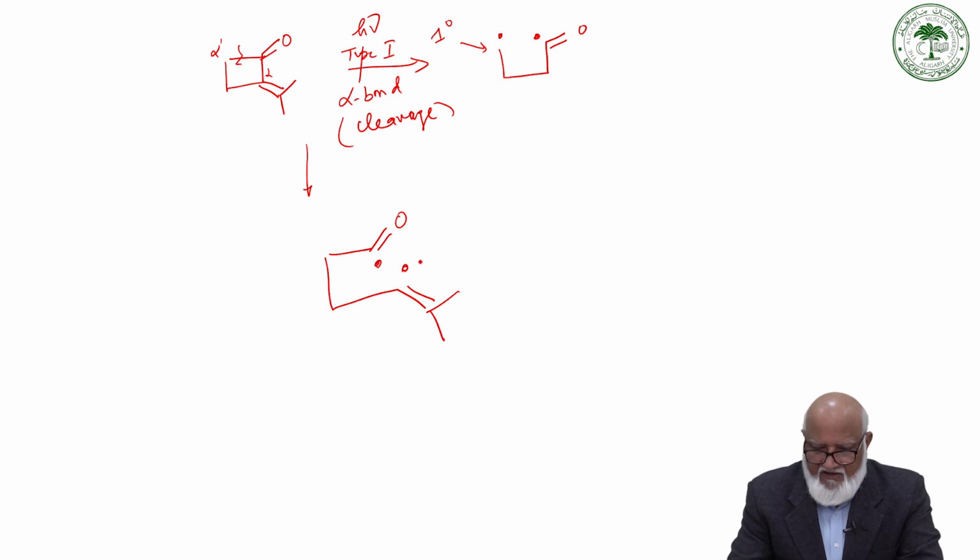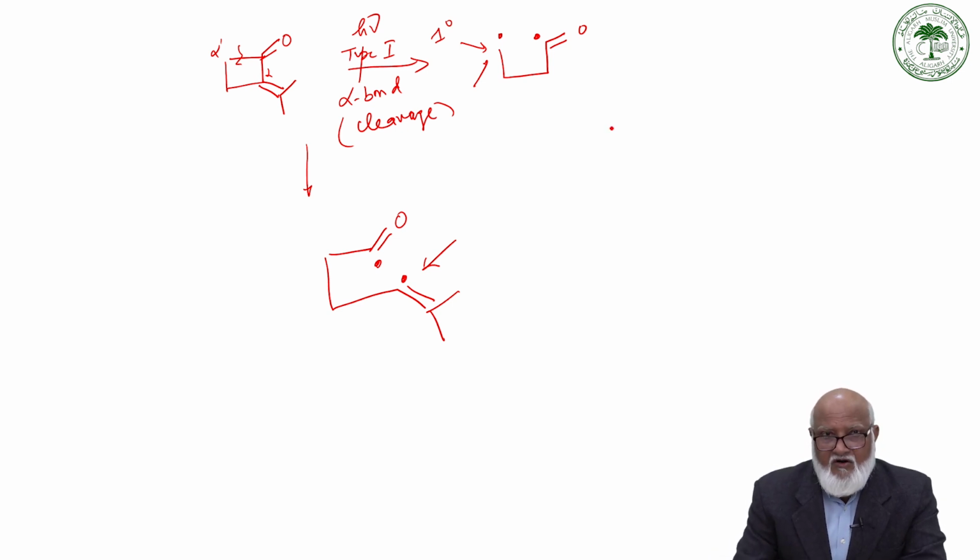So we have to see the stability of this radical as well as this radical. Now this is a radical on the double bond. We have just mentioned that under special cases the radical on the double bond is unstable. A radical on an sp2 hybridized carbon is unstable.